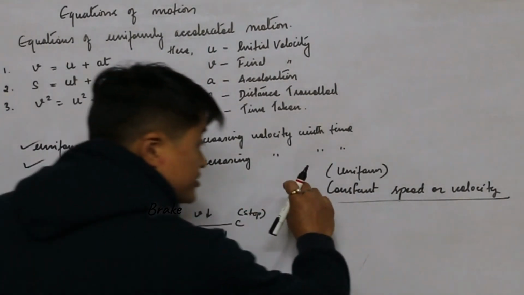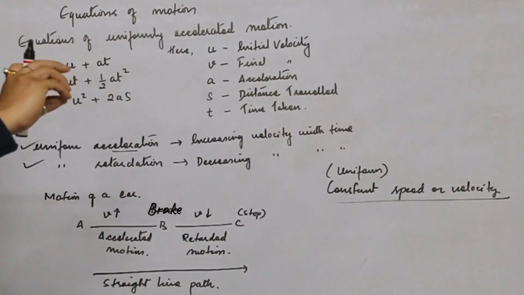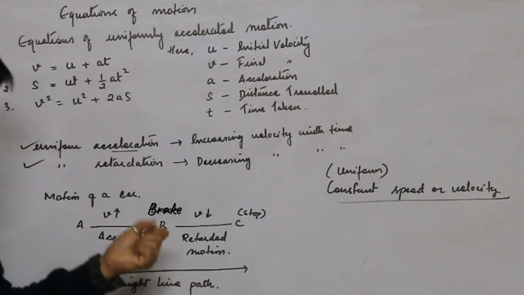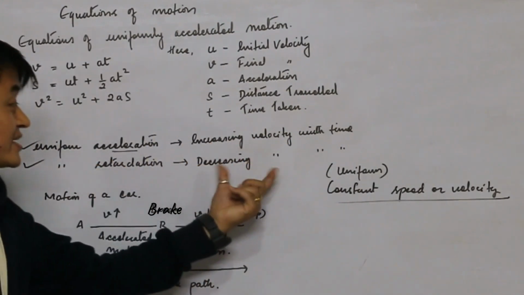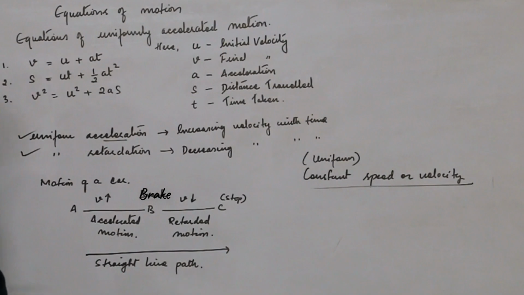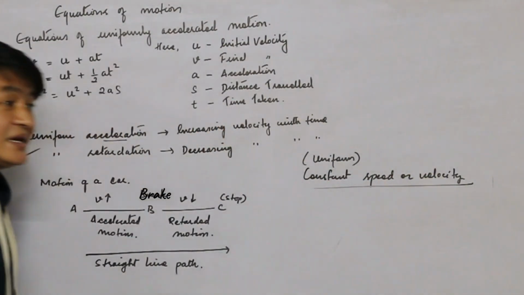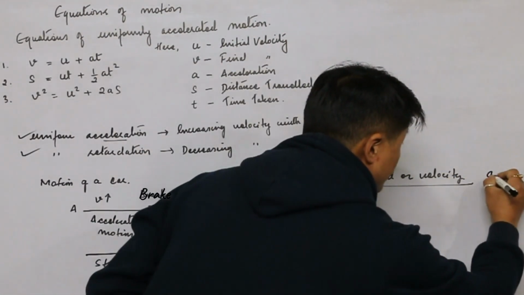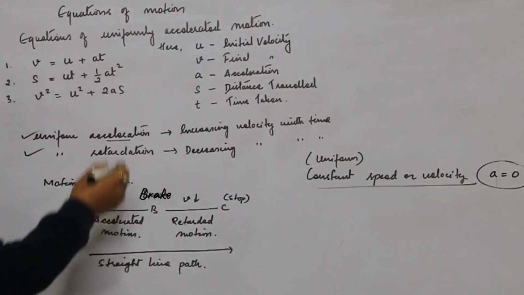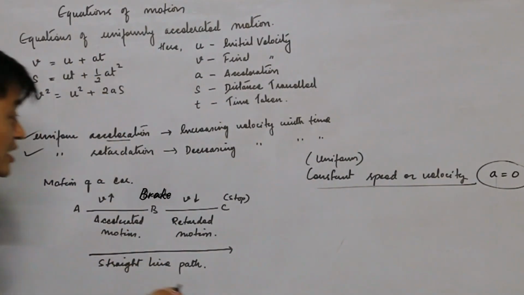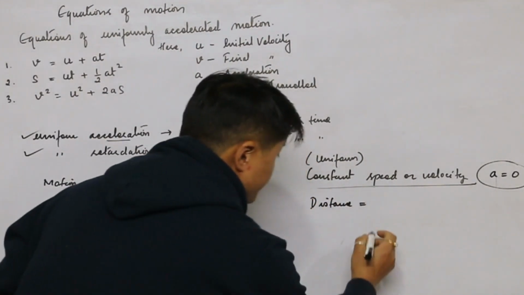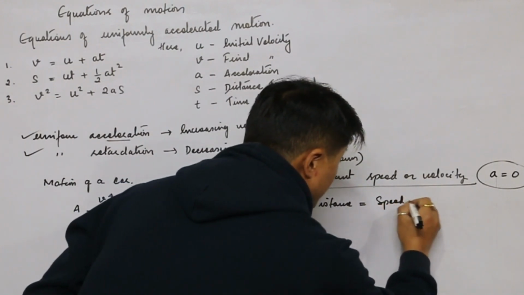Okay, because the velocity is constant, it is not increasing, it is not decreasing. We know that acceleration is the increasing velocity. If we talk about the retardation, it is a decreasing velocity. So when the body is moving with constant speed or velocity, the acceleration of the body will be 0. In such cases, we don't have to use these equations. We can simply use the formula distance is equal to speed into time.